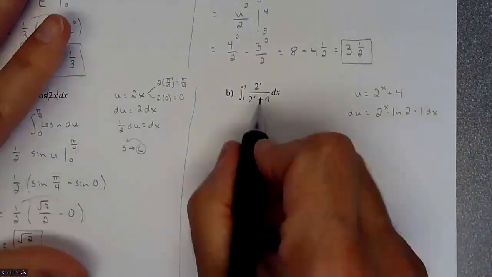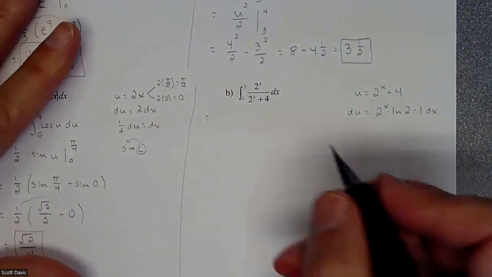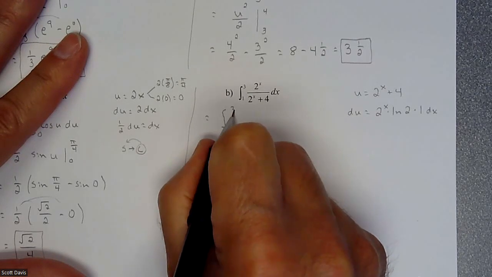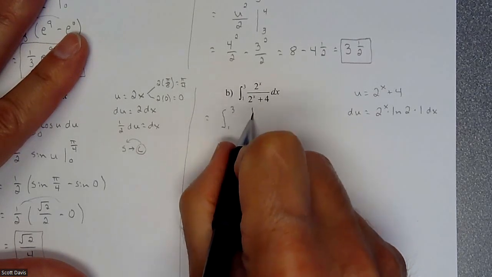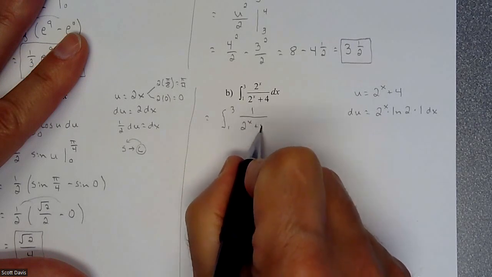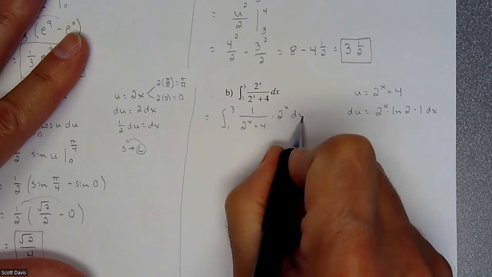All right, so here's what I got. Let me rewrite this a little bit and see what I have and what I don't have and what I need to manipulate. So we're going to go from 1 to 3. I'm going to always pull the numerator off. 2 to the x plus 4 times 2 to the x dx.